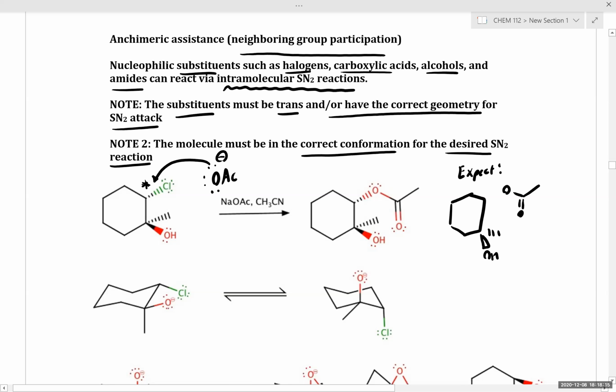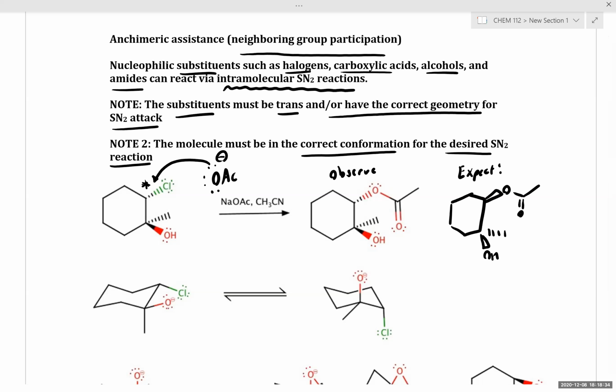If the Sn2 reaction occurs with inversion of stereochemistry, we would expect a wedge, right? But what we observe, and what is observed almost entirely, is a dashed stereochemistry. Now that's weird, right?